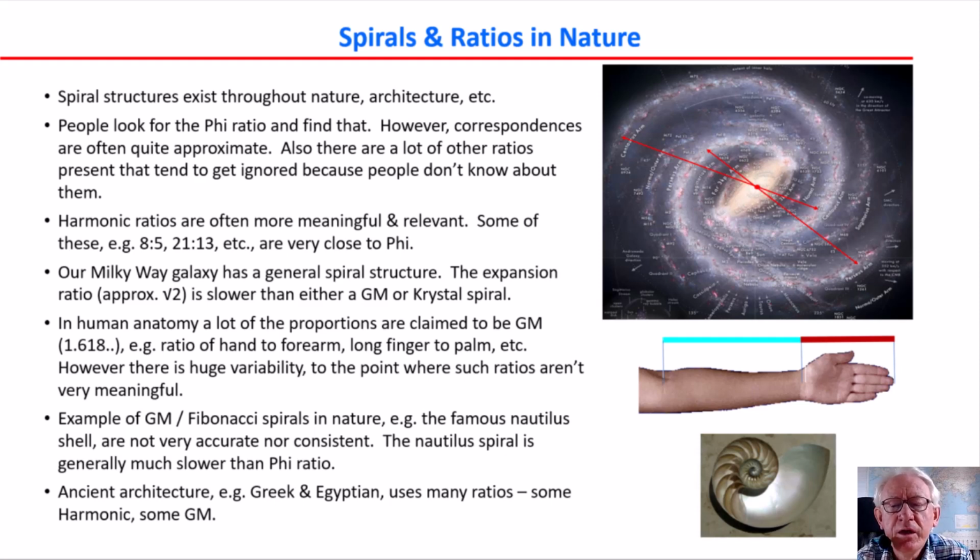Now, the family of spirals that we've been working with here in terms of the crystal spiral, the golden mean and the Fibonacci spirals, these are a family of spirals known as exponential or logarithmic spirals, and that simply means that they expand by progressive multiplication or contract by division. Now, when spirals arise in nature, it's often assumed that they are Fibonacci, or that they can be related back to Fibonacci, or that can even be explained by Fibonacci.